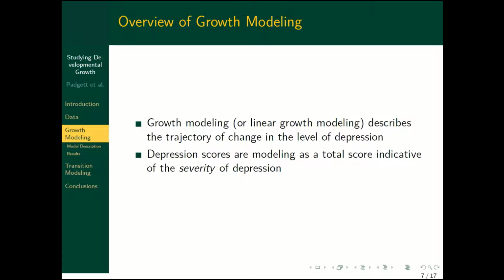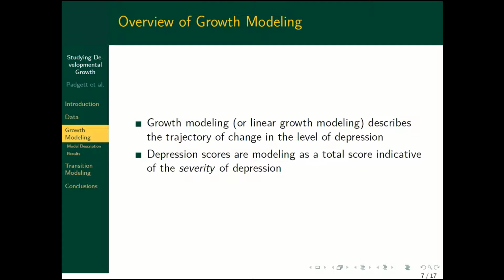Okay, so for the growth modeling, growth modeling is really the underpinning of trying to understand how a continuous process or level of depression changes over time. So this is really akin to modeling the depression scores as a total score, which is just the sum of the indicators. That is a measure of the severity of depression.